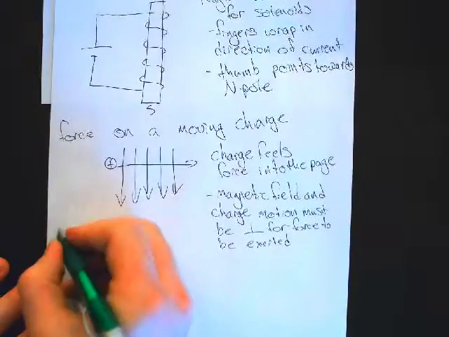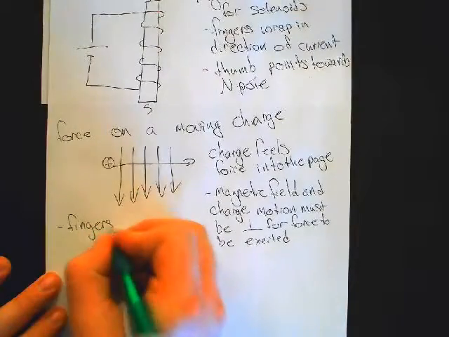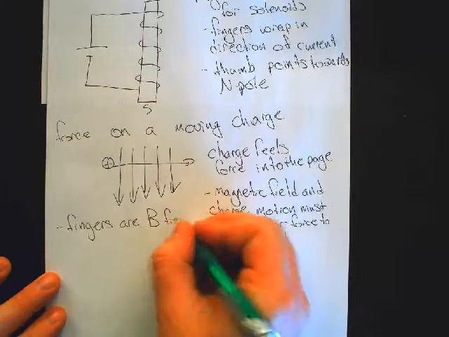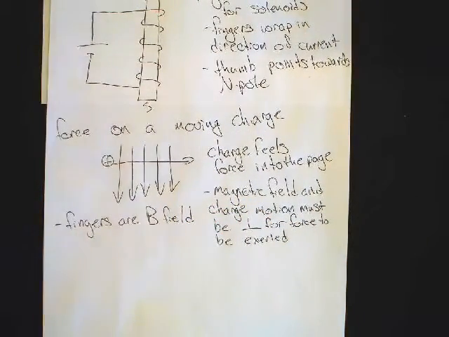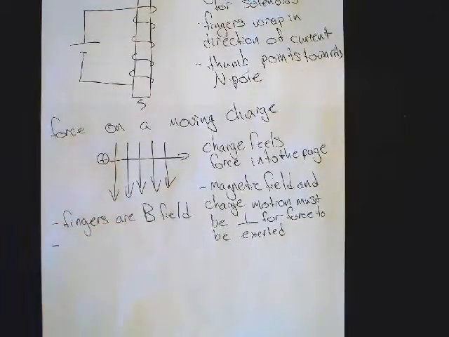Okay. So again, that was fingers are magnetic field. I'm just going to write B field for short. For some reason, B is the letter we use to represent magnetic field. No, I have no idea why. Right? Okay.